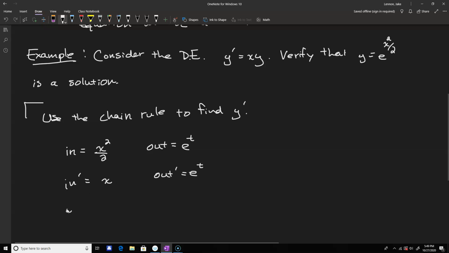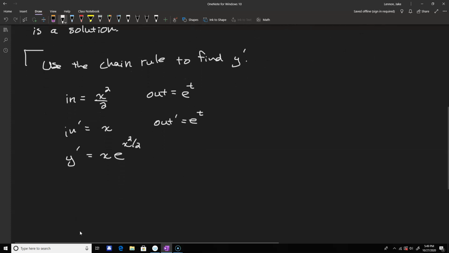So our derivative here, y prime, is just x, the derivative of the inside, times the derivative of the outside, but we replace the outside with the original inside that it's a placeholder for. So it'll be e, and then change t into x squared over 2. And notice that is exactly x times y.